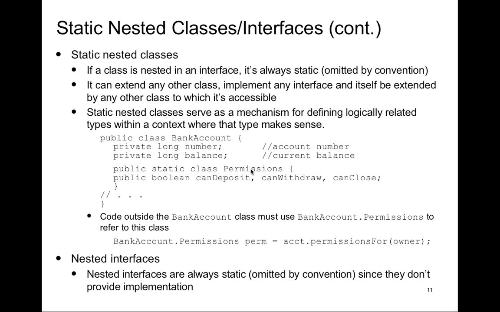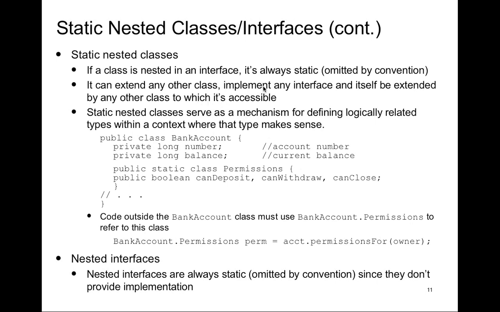So it's an object inside of the bank account that's going to give permissions to certain people: boolean canDeposit, canWithdraw, canClose types of permissions. So a static nested class serves as a mechanism for defining logically related types inside of the class. Instead of creating the type and then including it inside of the class, you're just going to create it in the class as well, which could have pros and cons depending upon how you're using it.